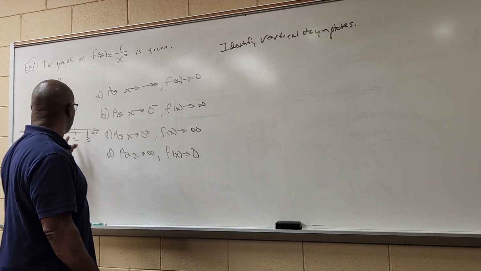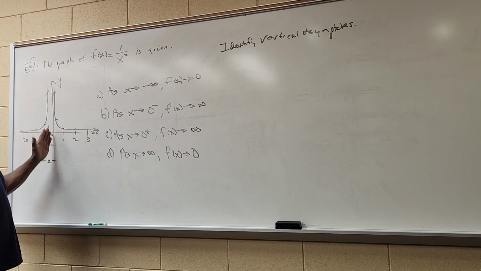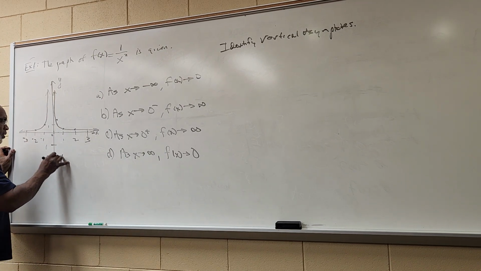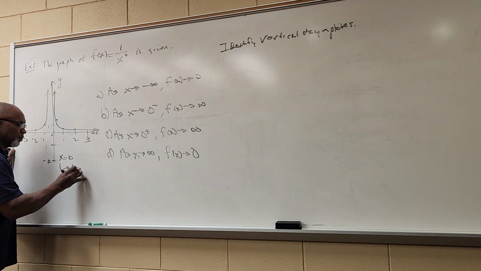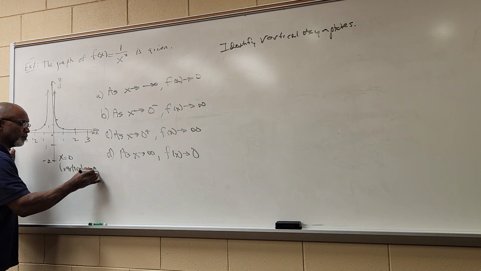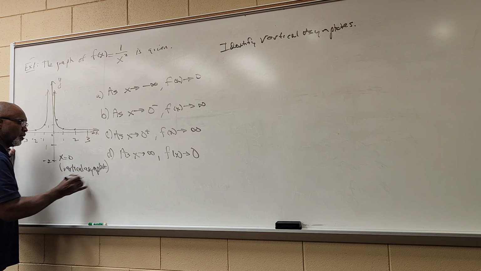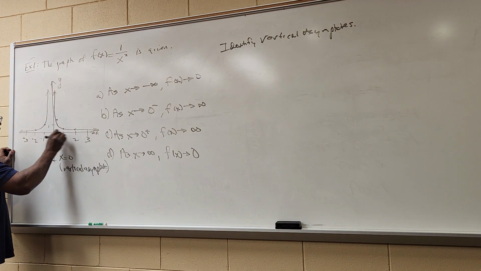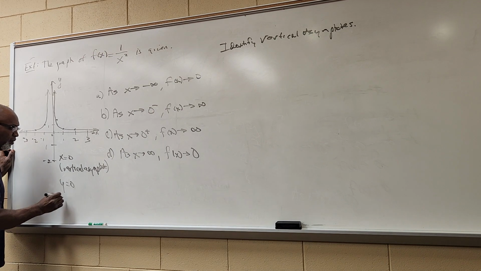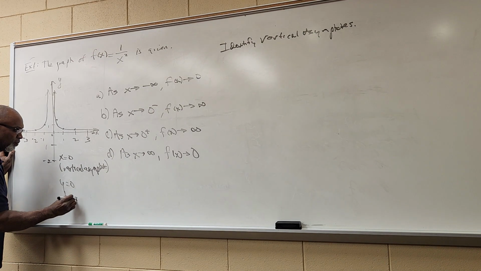And this function right here had a vertical asymptote at x equals 0. So x equals 0 was a vertical asymptote. And it had another asymptote, a horizontal one, that was the x-axis. So y equals 0 is a horizontal asymptote.